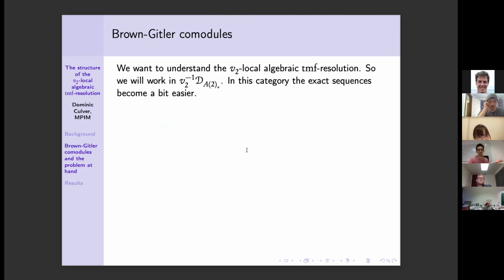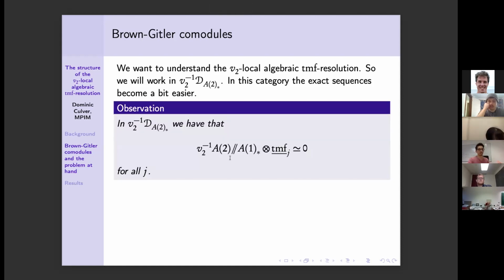Anyway, in the V2 local case, things become a bit easier because that term that I told you we can ignore is actually just contractible. The reason is that if I take this and hit it with Ext over A2, then by a change of rings theorem, that's the same as Ext over A1 of whatever this is.